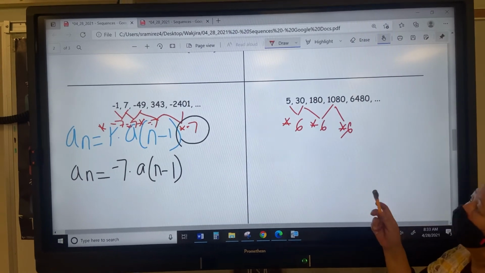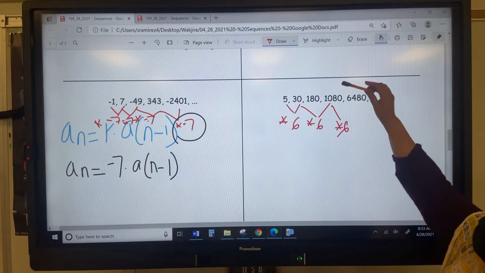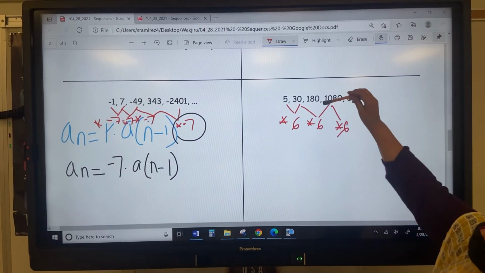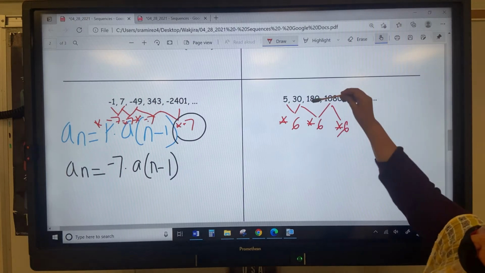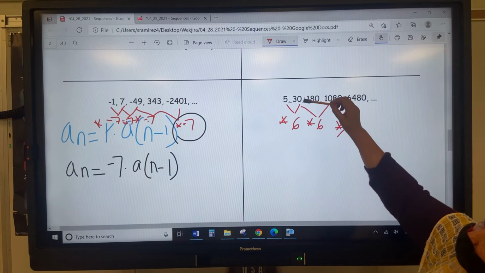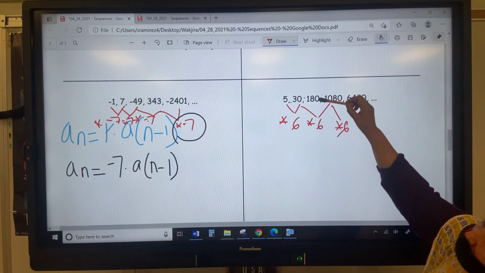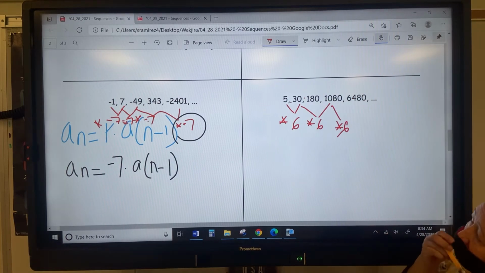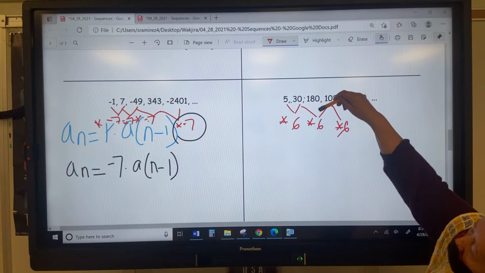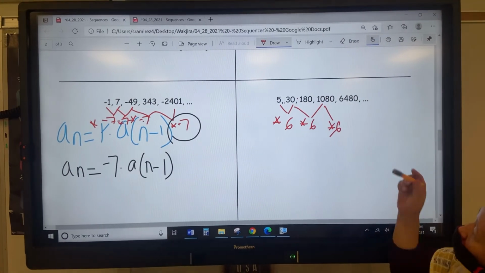So if you get confused in here, what you can do is, in order for you to find what it multiplies, take the number to the right, like 30 is to the right of 5. If you divide 30 by 5, you will get the answer. If you divide 180 by 30, you will get the answer. The same way, for the one to the right, divide it by that number, so you will get what it multiplies to it.